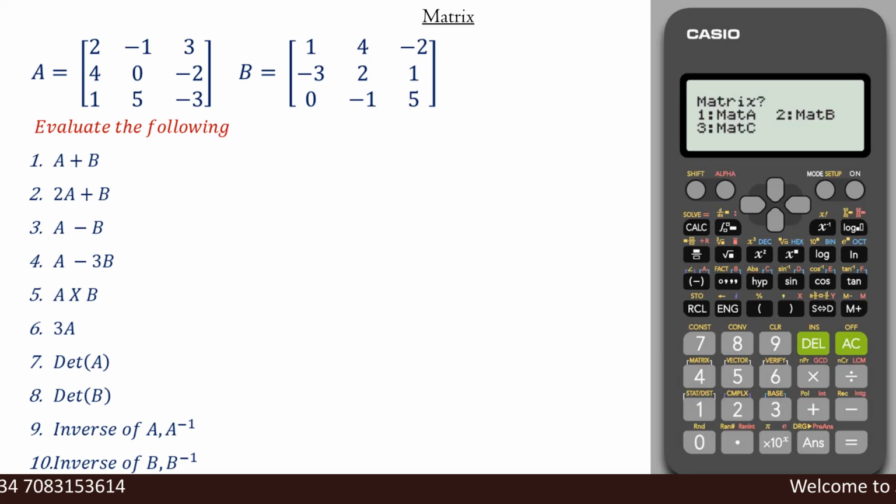Are we together? Now let's select matrix A first. Now here we select 1. Here we have matrix A. Now it's telling us this matrix A that we want to work with, what dimension is it?